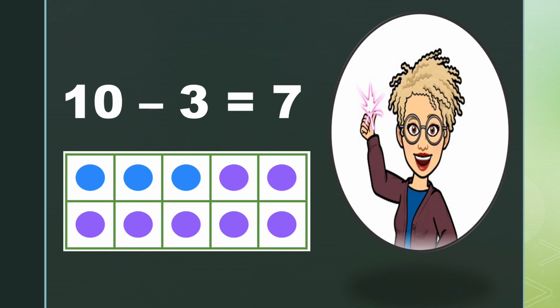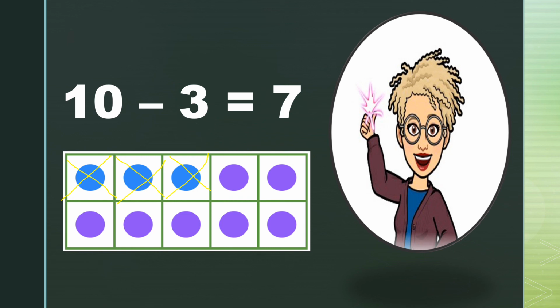Do you remember what we did? Well, let's look at this group of 10 counters. There are 10 counters in this frame. We have to take away 1, 2, 3 of those counters.